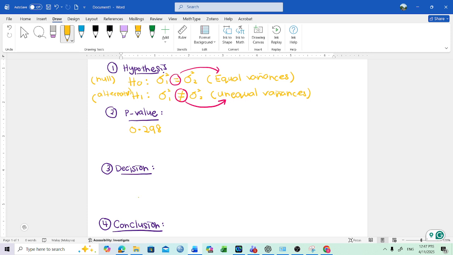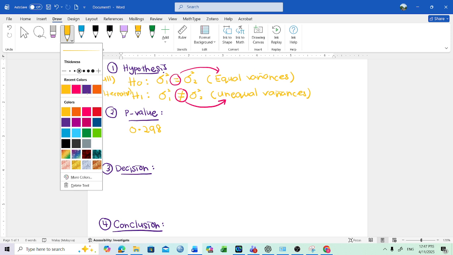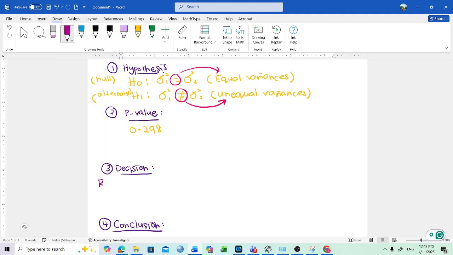Then we proceed to step number 3, which is the decision. For the decision, I encourage you to start with the rule. The rule is how you want to make the decision. In the decision step, you need to decide whether to reject the null hypothesis or fail to reject the null hypothesis.